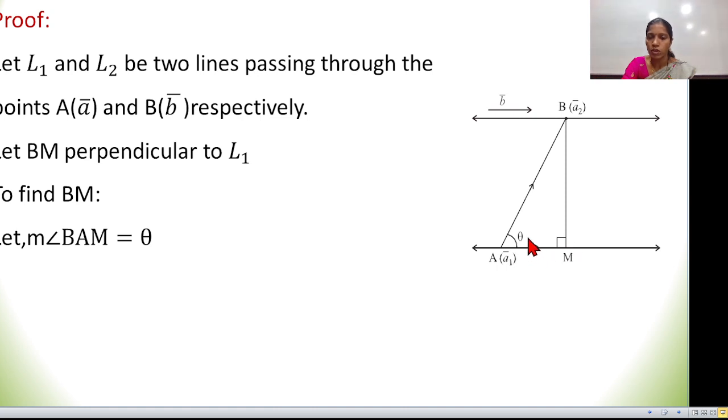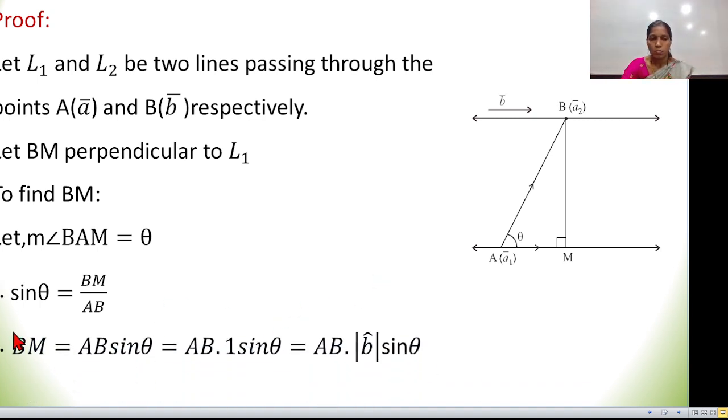So here we have to use the sine trigonometric definition. Sine of theta is equal to opposite side upon hypotenuse. The opposite side is BM and the hypotenuse is AB.